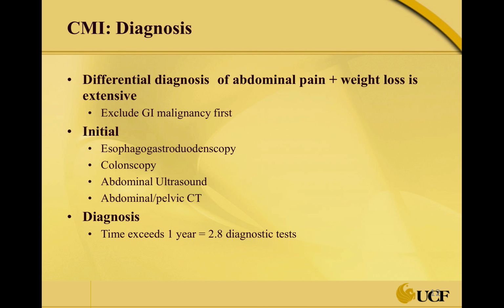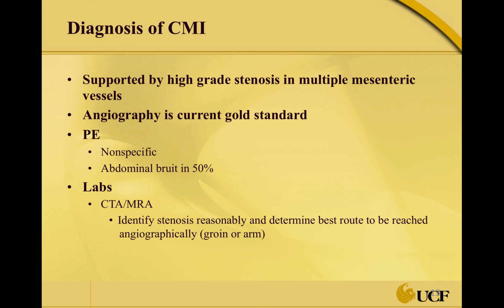In terms of diagnosis times for chronic mesenteric ischemia, or CMI, the time exceeds 1 year, and is supported by high-grade stenosis in multiple mesenteric vessels.